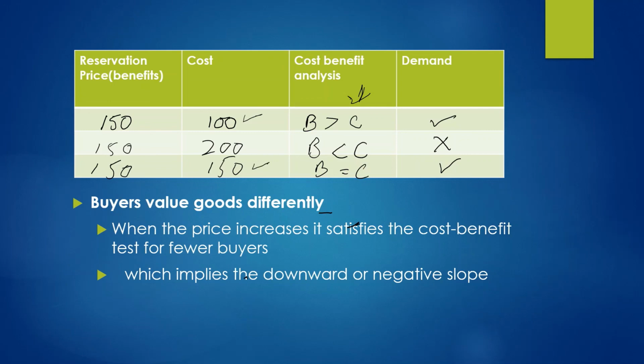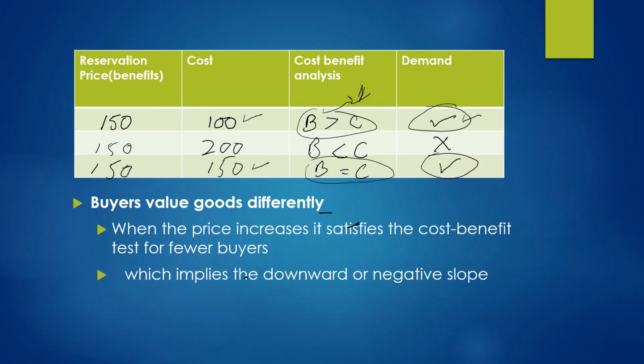So for both of these prices, the cost benefit principle is satisfied for you. That's why you actually demand, right? You demand. Why? Because the cost benefit principle is satisfied here. Here the benefits are greater and here the benefits are equal. So the condition of benefits being at least greater than cost is satisfied.